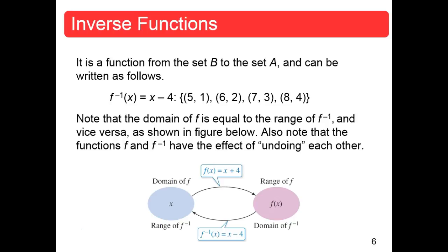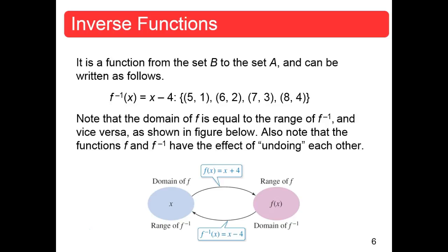Those are the numbers that you get from plugging these values into f. So that's the range of f. But then when you do an inverse function, that becomes the domain of f inverse. It goes back along the reverse route and takes you back to the same x as we began with. So the domain of f inverse maps onto the range of f inverse through the f inverse function, and that winds up being exactly the same as the domain of f.